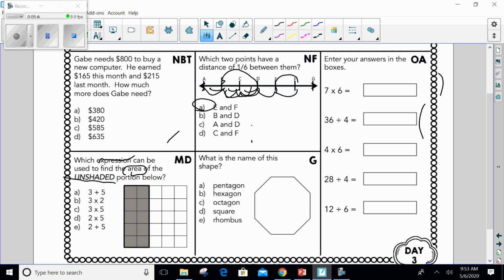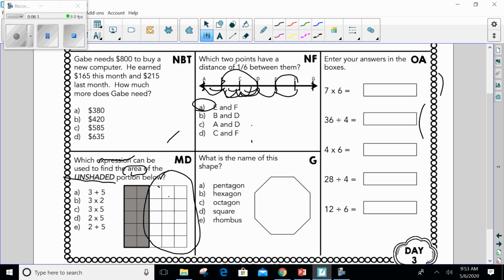Now, many of you, myself included, would automatically go to that highlighted place and say, oh, well, it's 1, 2, 1, 2, 3, 4, 5. It's 2 times 5. But that's not what it said. It said the unshaded. It's even bold. So make sure that you're looking at the unshaded part. Now, what is the area?